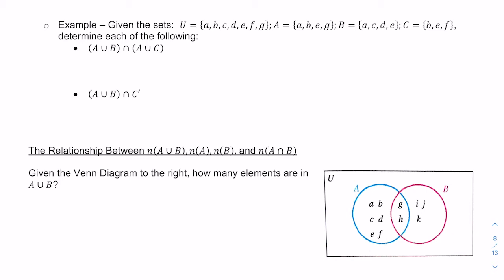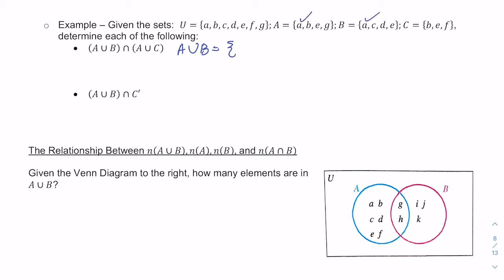So the first thing I'm going to do is write out what's A or B. So or, remember, is the union, right? You have to include all elements of A and also elements of B to make one whole big set. So if I was to figure out A or B first, if I look at A, I've got A, B, E, and G. And then if I look at B, I have A, C, D, and E. So I need to have one of everything.